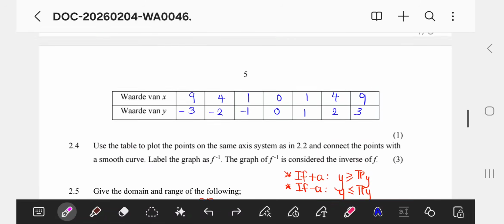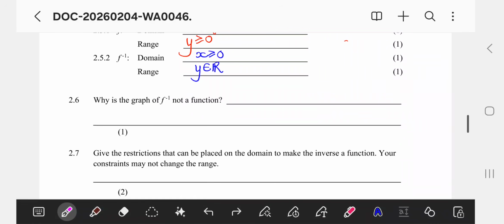And the reason why it is not a function is because it fails the vertical line test. So I'm going to say that it fails the vertical line test.